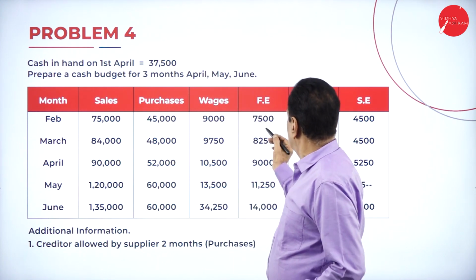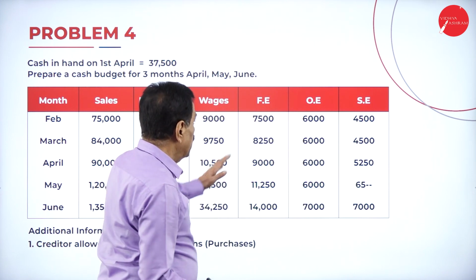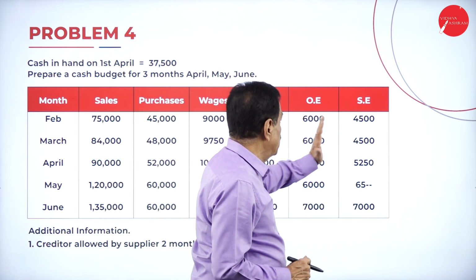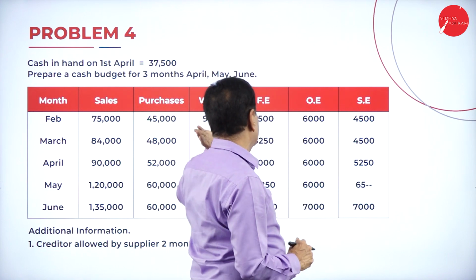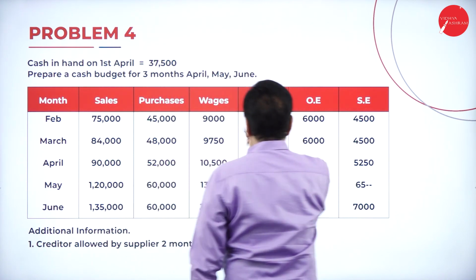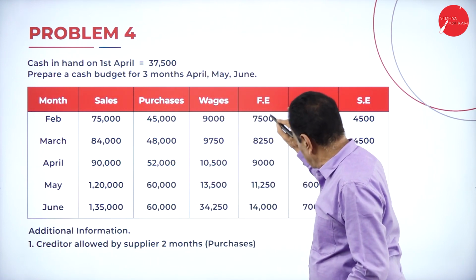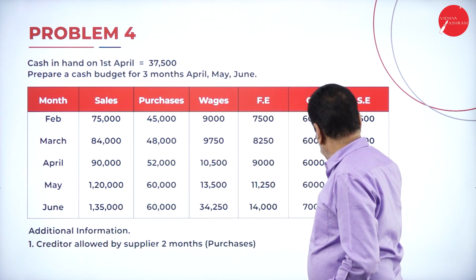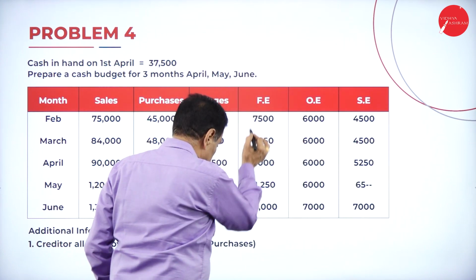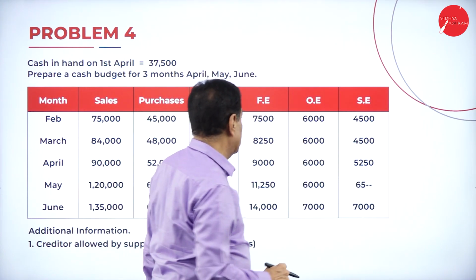Wages paid is an expenditure. Some expenses are given: outstanding expenses, selling expenses, other expenses, finance expenses. These are all the expenses you have got.